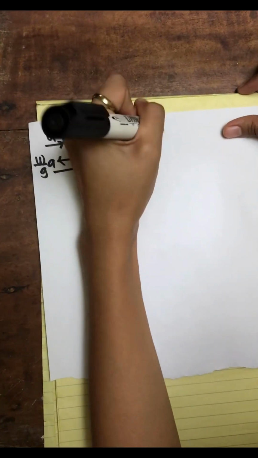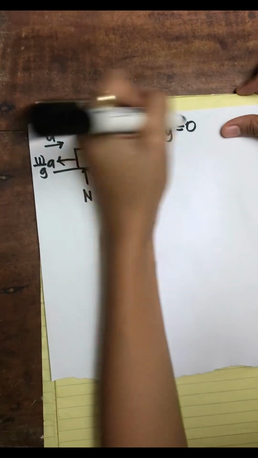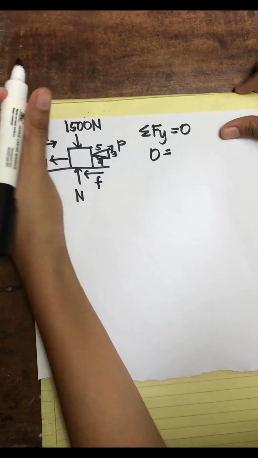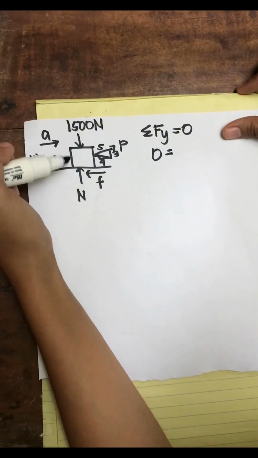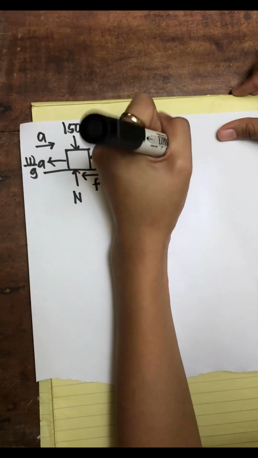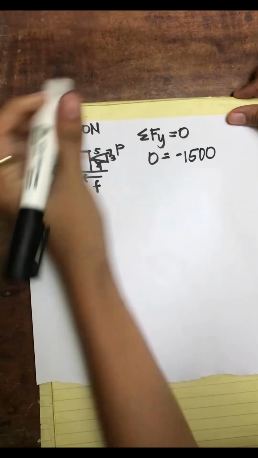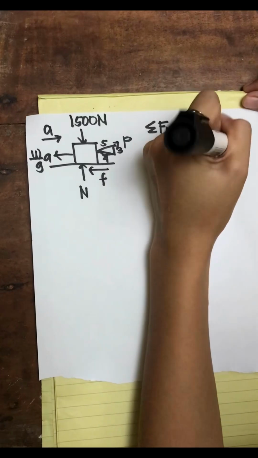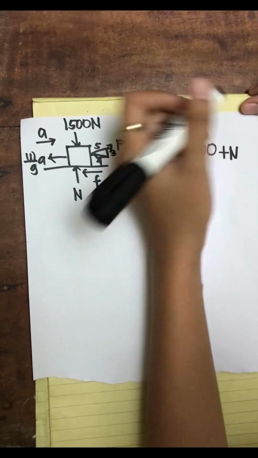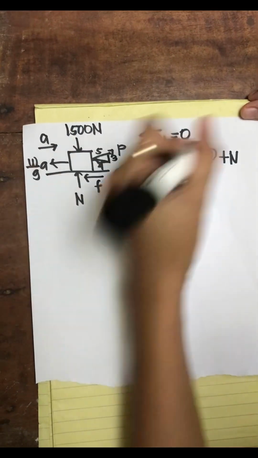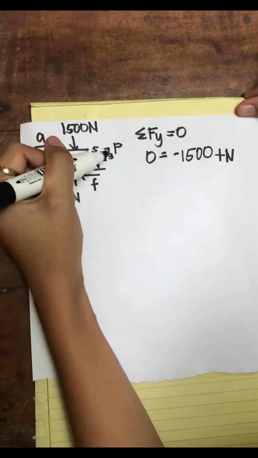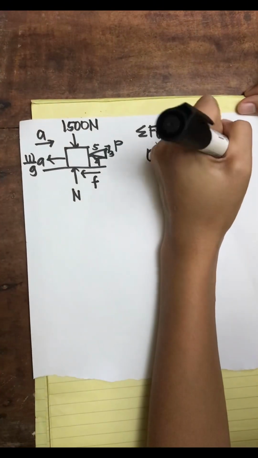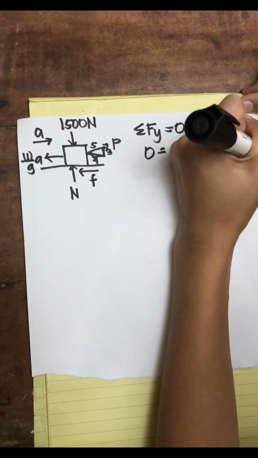So summation of Fy equals 0. 0 equals, so we have a weight in Newton that is downward, so negative 1,500, and the normal force that is upward, it is positive N. Then this component of P, we have a vertical that is 3 over 5, so plus P 3 over 5.